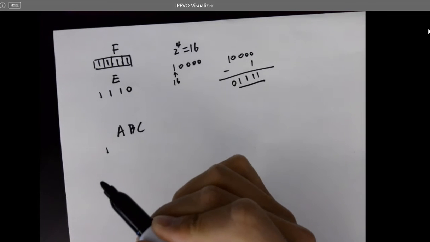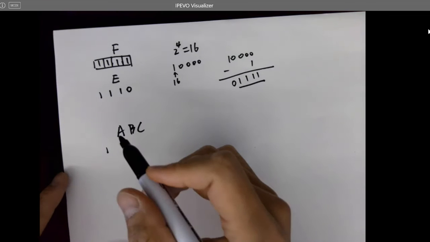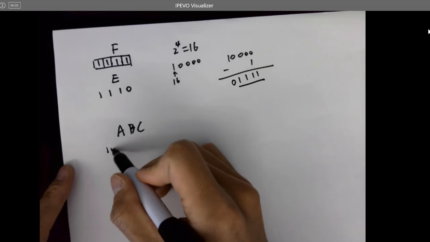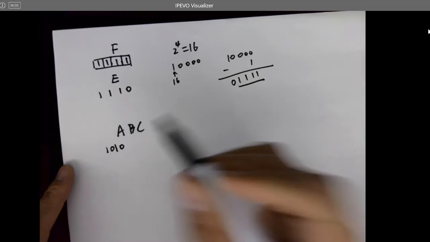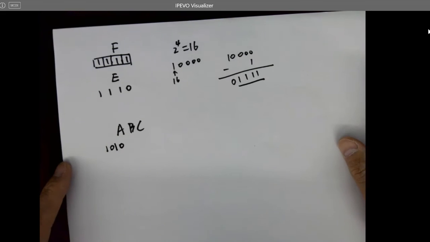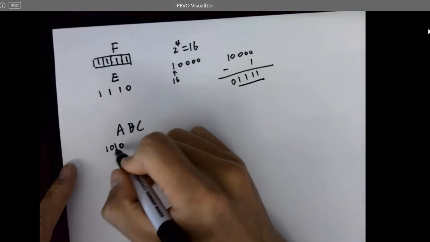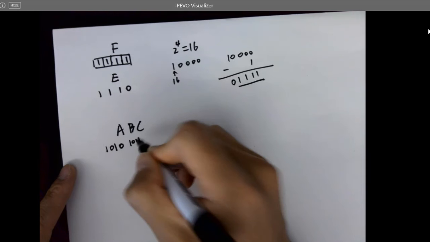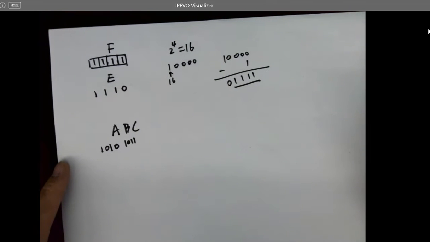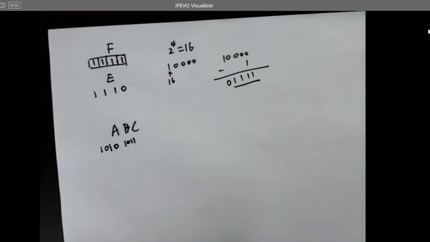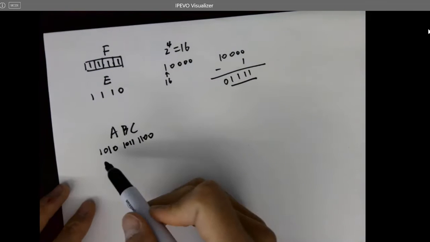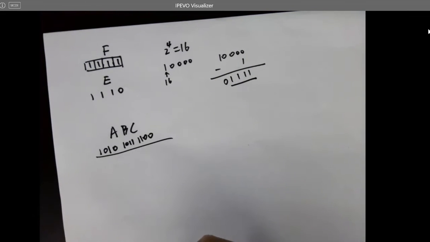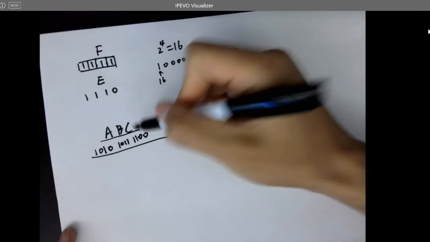The first one has to be 1, so you get an 8. You don't need a 4 because 8 plus 4 will be 12. And you need a 2 here, so that's 10. B is 11, so you just add 1 to this number: 1, 0, 1, 1. C will be 12: 1, 1, 0, 0, so it's 8 plus 4. And that's it. You just directly write down the entire thing here, and that will be this number.